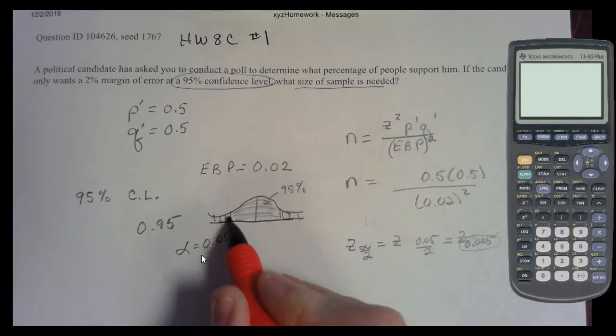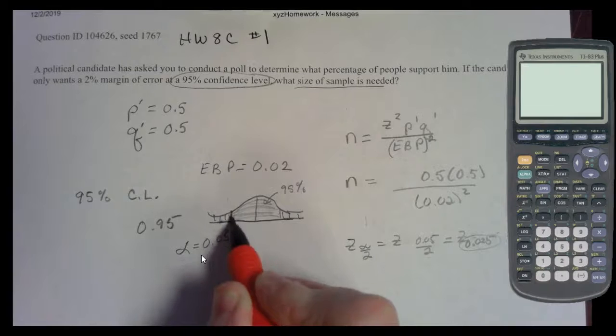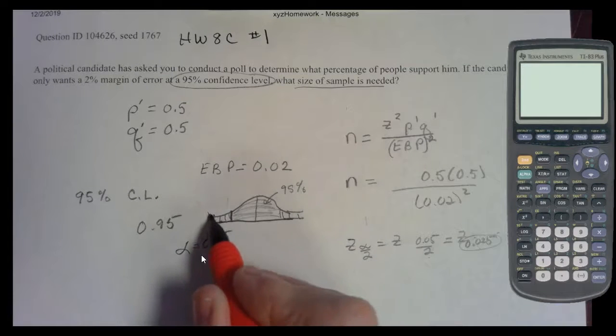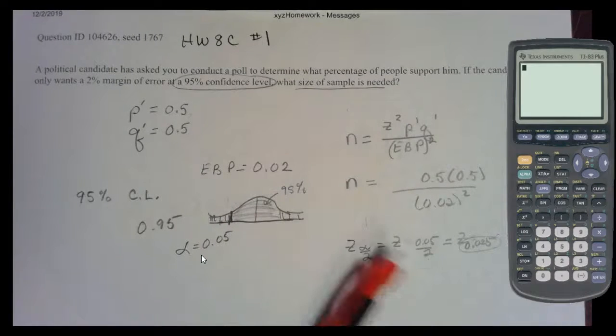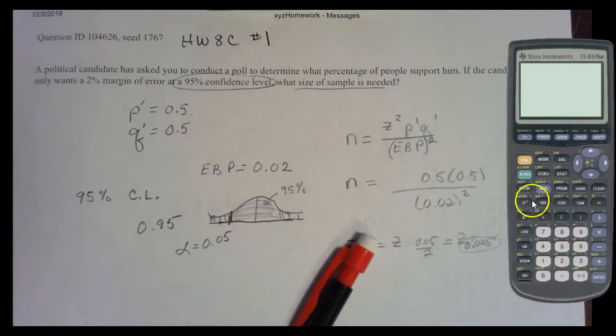So I want to know what this is right here. Using the calculator, it's going to give me this one, so it's going to be negative. So let's see what we have here. I'm going to go second vars, and we're going to do the inverse normal, because remember this will give us that value. We're looking for a Z, so it's a standard normal, which is important.